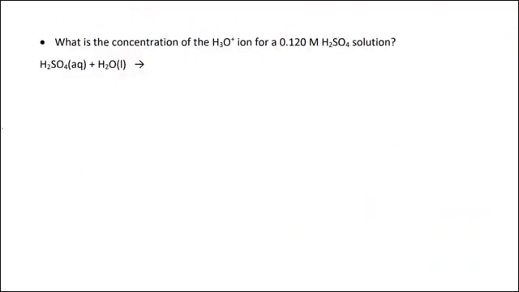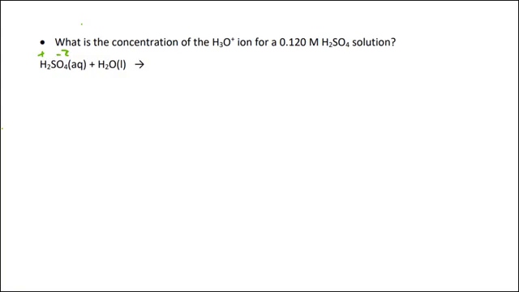So if we look at this example, I've got H2SO4 plus water. So we can see here that we know that H is always a +1 and SO4 is -2, which is why there's 2 H's here in order to balance that compound.